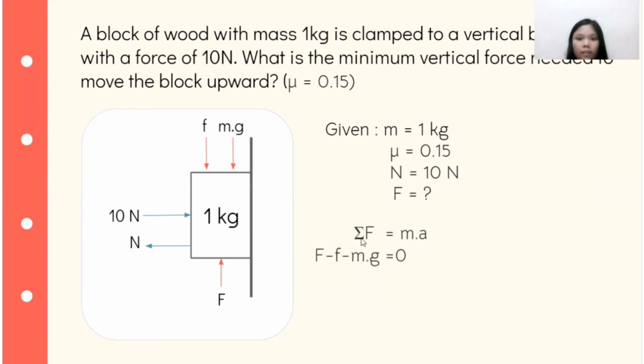This one is sigma Fy because it is over the y-axis. F is moving upward, so it is positive, minus the friction. This one is going down, so it's negative, and m times g is also negative. M times a equals 0 because there is no acceleration, or the block of wood is not moving.